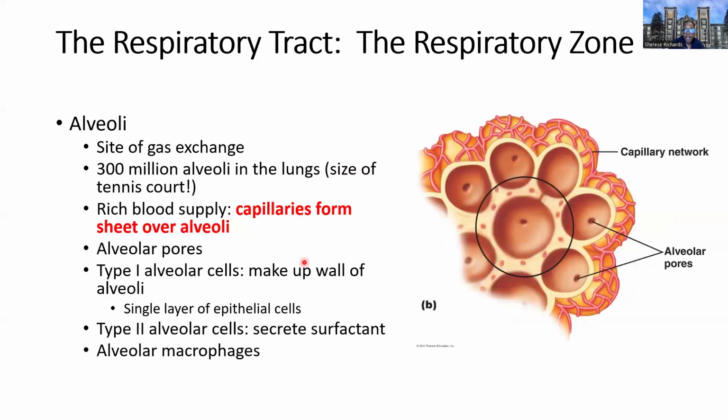Some of the features of the alveoli, first of all, they're very abundant, about 300 million of those in a single lung, which is about the size of a tennis court if you stretch them out. So very abundant, a lot of surface area here, very large surface area to facilitate exchange. And this is the same thing that happens anywhere in the body where exchange needs to happen.